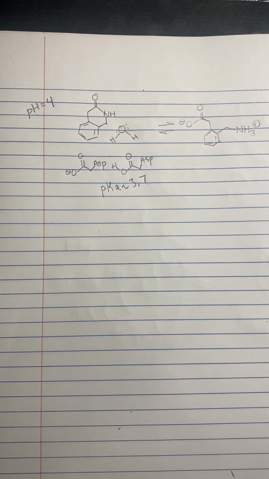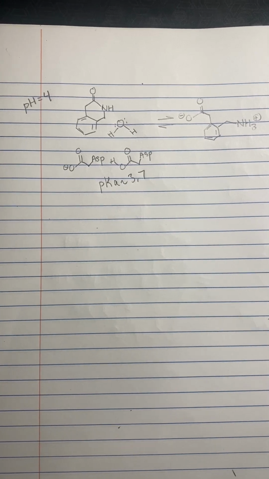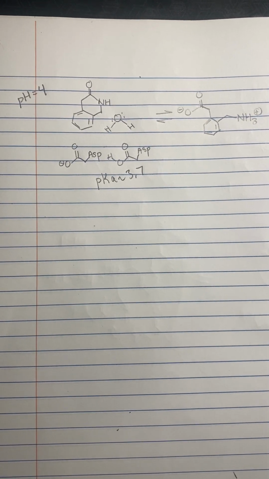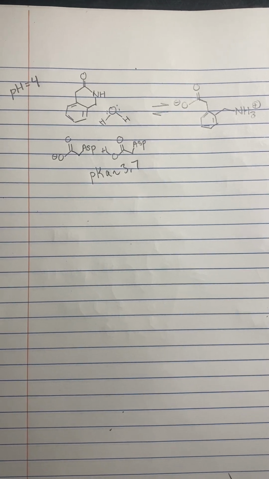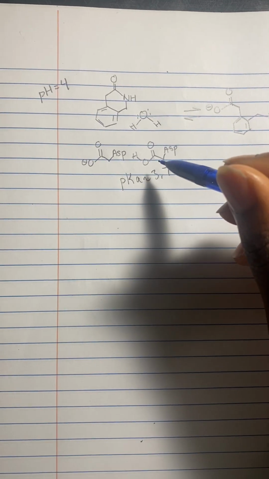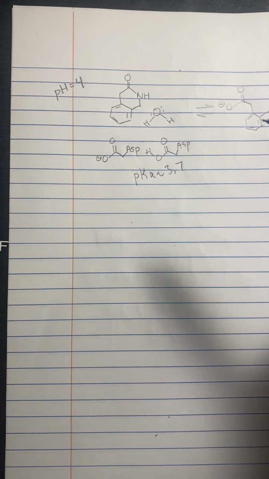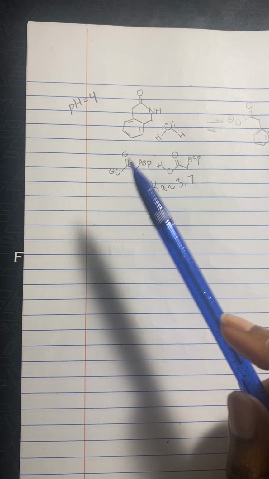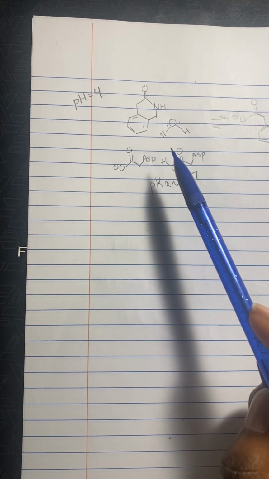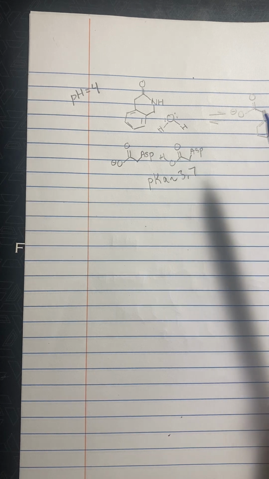And we know that when pKa equals pH, 50% of the residues will be protonated and 50% of the residues will be deprotonated. And so I inferred that I would have to use one of the aspartates as a base and one of the aspartates as an acid for my reaction.